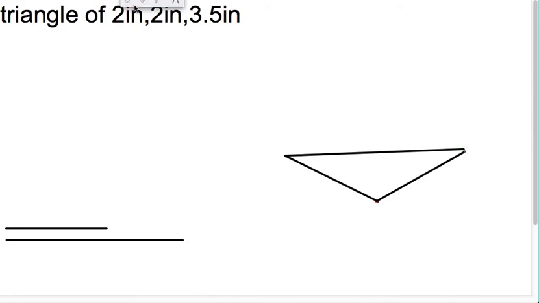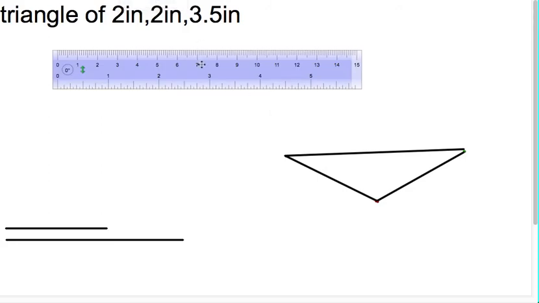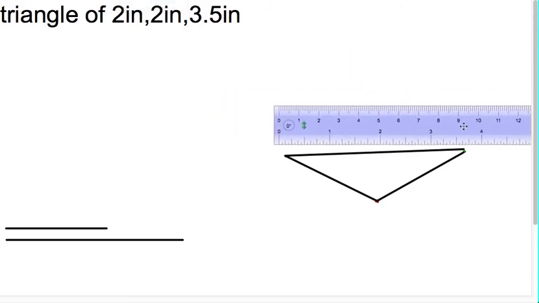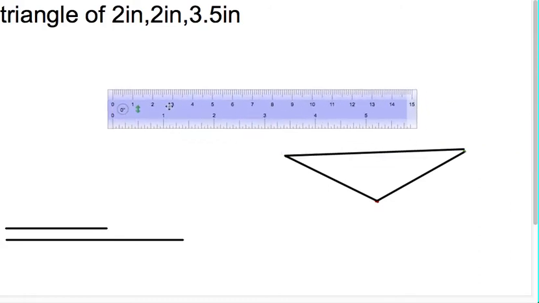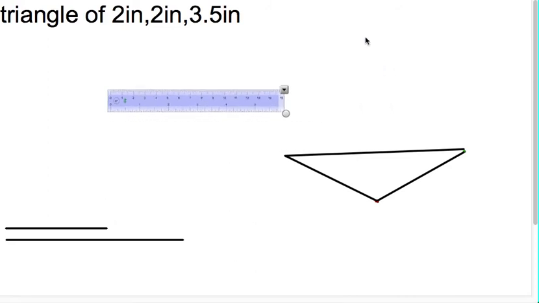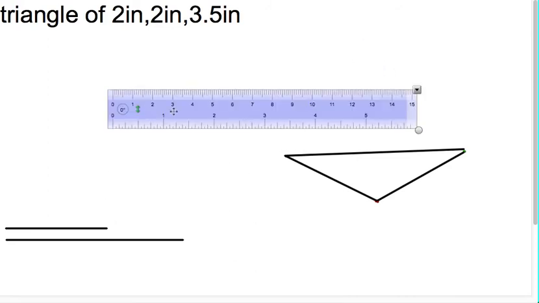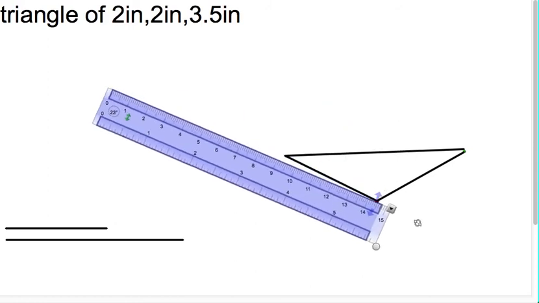So, take a ruler, line that up, 3.5 there. You guys are really going to think I don't know how to use anything on here.